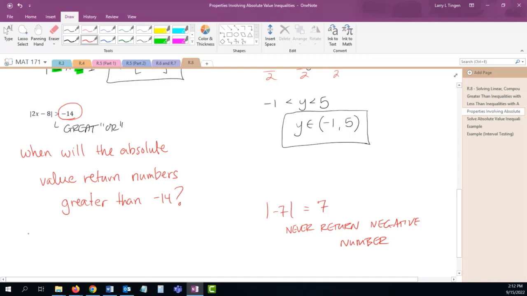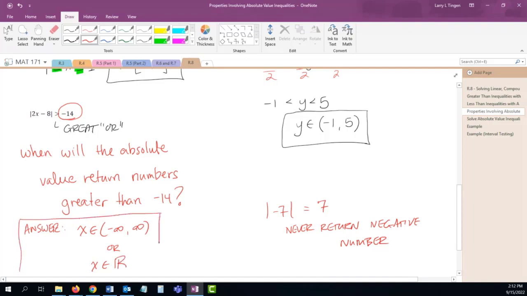So the answer here is all real numbers. I don't even have to do any math. How do I write all real numbers? Start at -infinity, go to positive infinity, or I do that double-barred R.